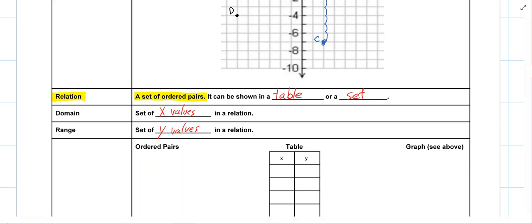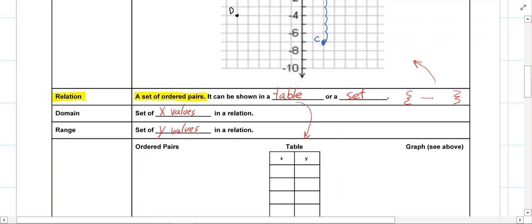Let's talk about what those two things mean. You're probably familiar with a table. You can see one right down here. And what does a set look like? A set looks like this. These are called set notation, also known as braces, you learned earlier, but we use braces to signify a set of numbers. What would be the set for these up here?